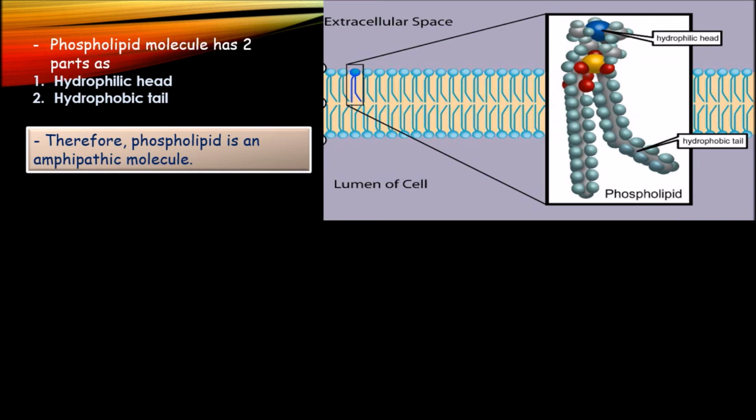The hydrophilic head includes glycerol, phosphate group, ester bonds, and the additional group linked to phosphate. The hydrophilic head interacts readily with water. The phosphate containing group is hydrophilic because it has a negative charge.